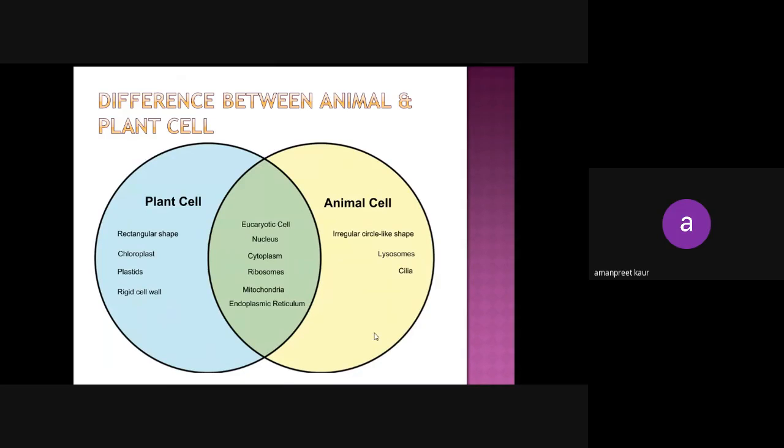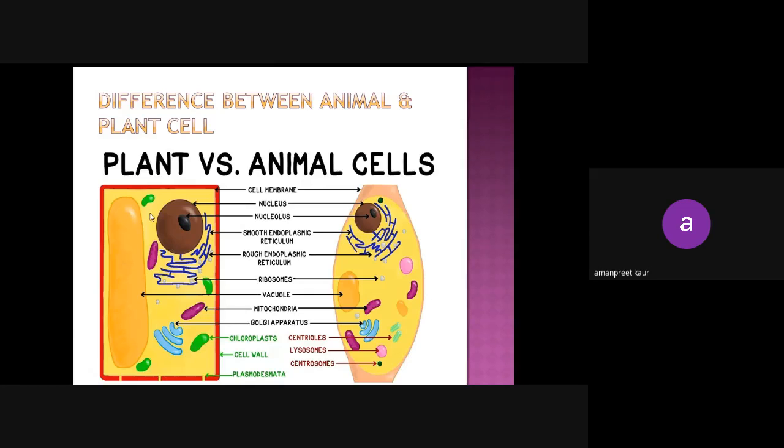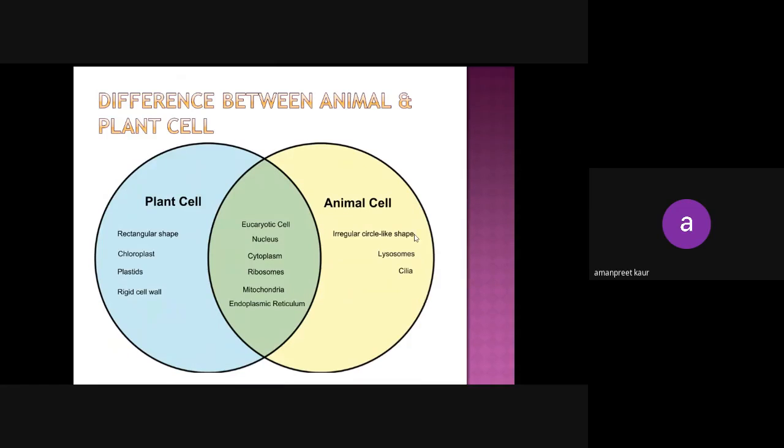The plant cells are rectangular in shape, and the picture is rectangular, whereas animal cells are irregular in shape. Plant cells consist of chloroplasts, which consist of chlorophyll, housing the photosynthetic process, but animal cells consist of lysosomes, which contain many digestive enzymes.